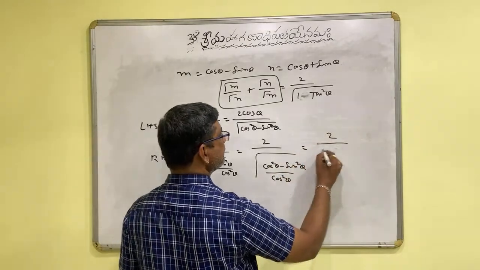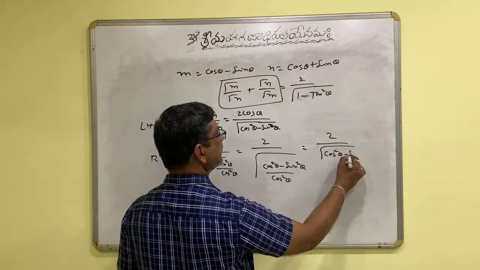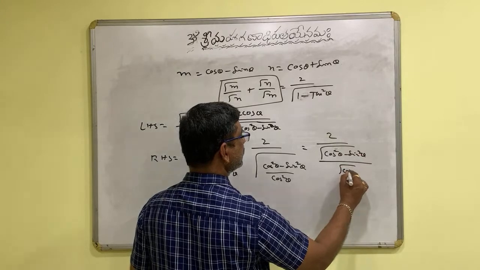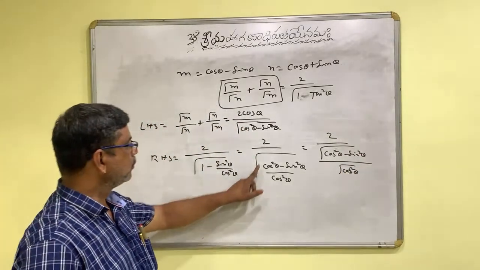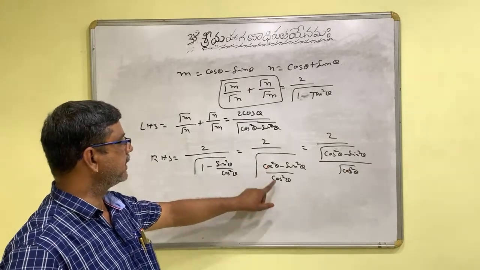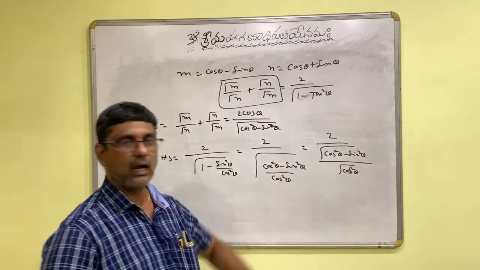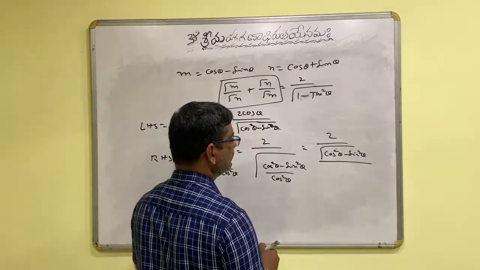So 2 by root over cos square theta minus sin square theta by cos square theta. Root a by b, I can write as root a by root b. And we know root over cos square theta is nothing but cos theta.